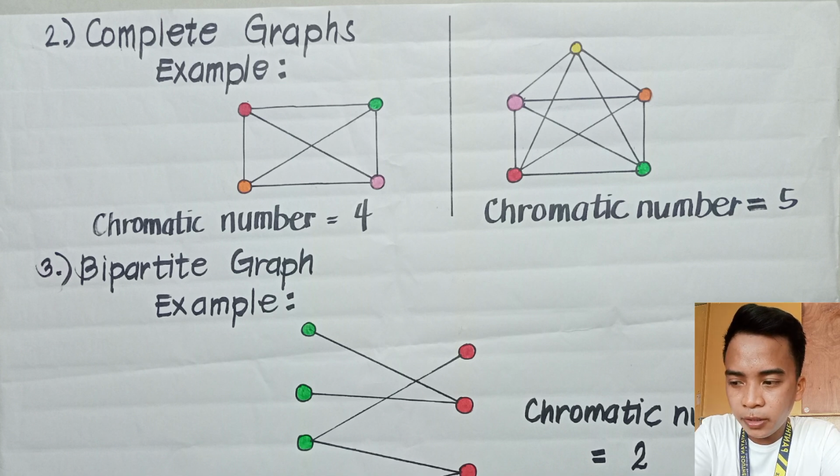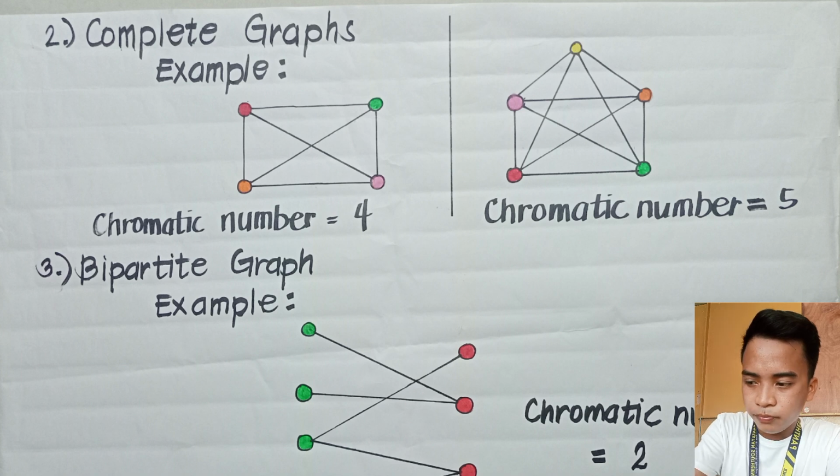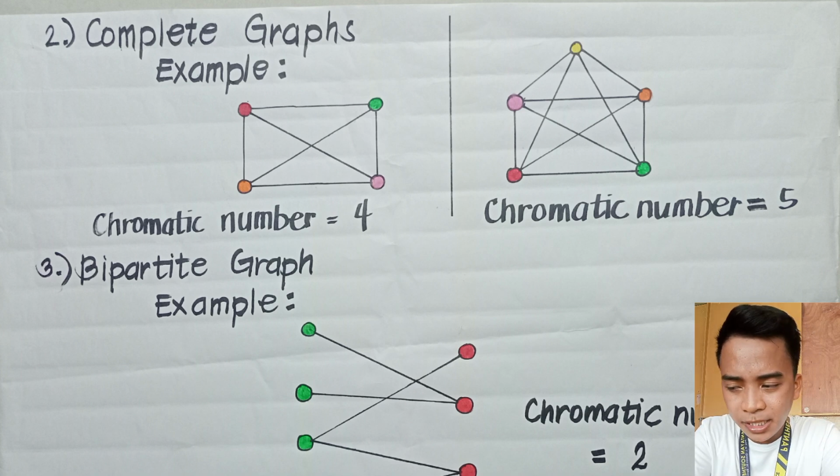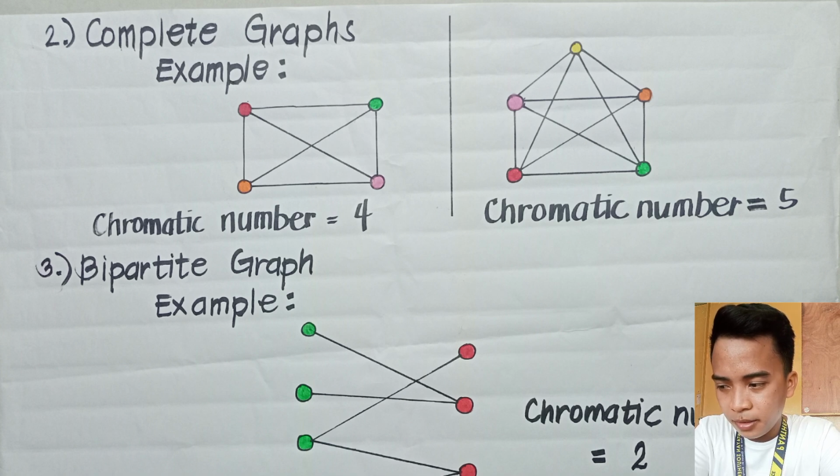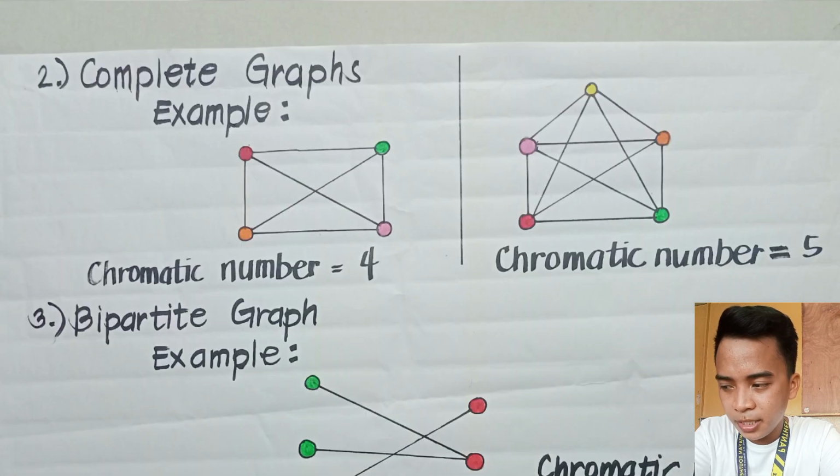To properly color it, as many different colors are needed as there are vertices in the given graph. So the chromatic number of a complete graph is equal to the number of vertices in that complete graph. This is an example of a complete graph.